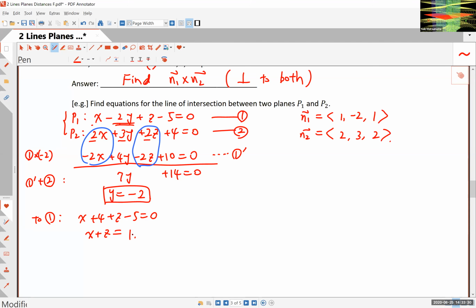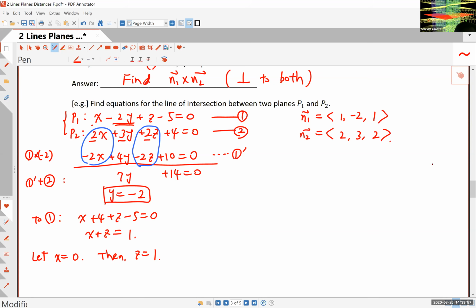And that's about it. Because see, there is no simple solution, no unique solution, right? So you can let x and z be anything you want. All we need is y is equal to -2. So you can let x be 0, and then z must be 1. You can use x is equal to 1, z is 0.